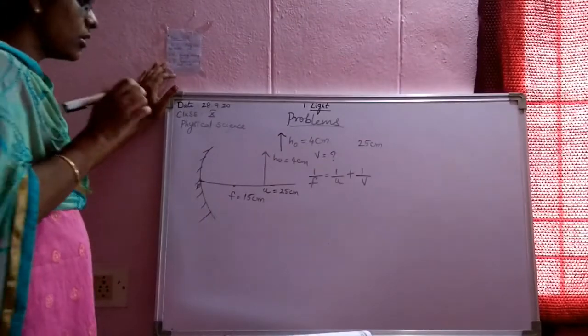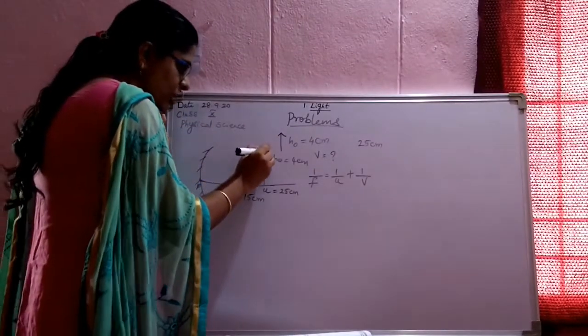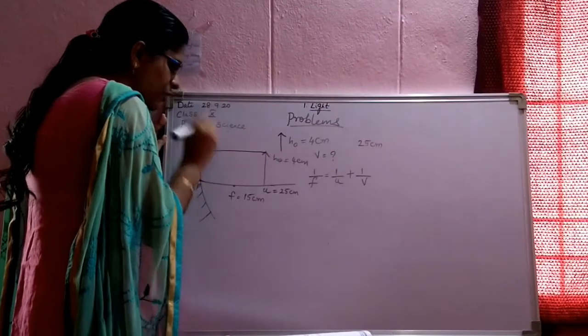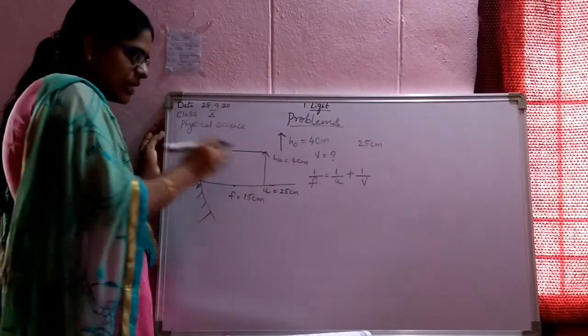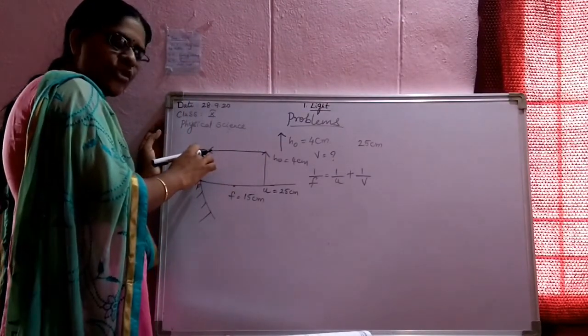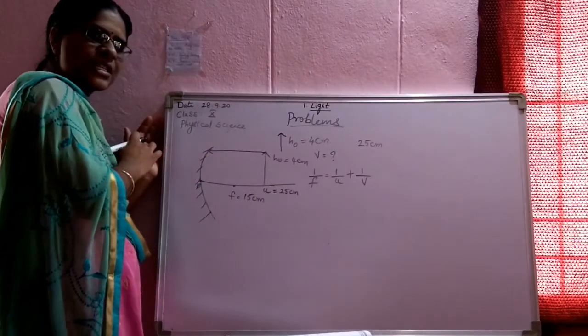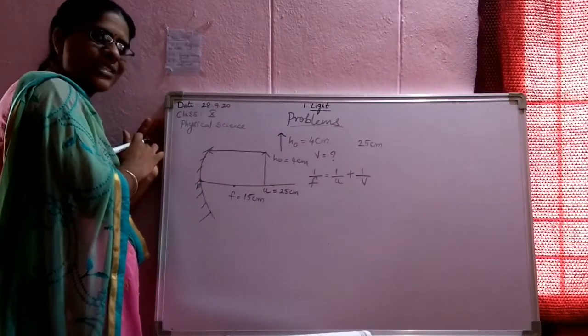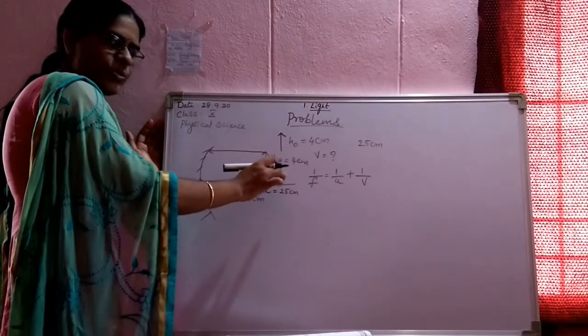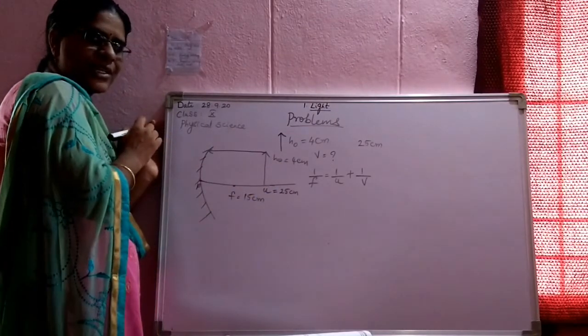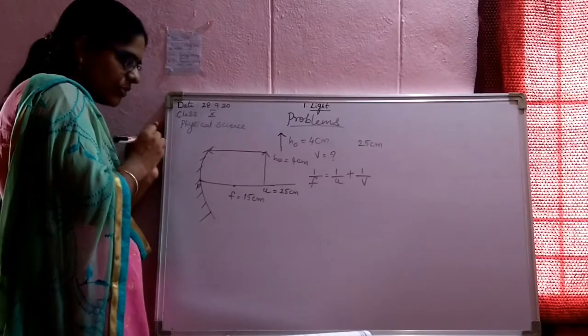Look here: the light ray is coming and falling onto the mirror. In the direction of the incident ray, all the distances must be taken as positive. In the opposite direction they must be taken as negative.